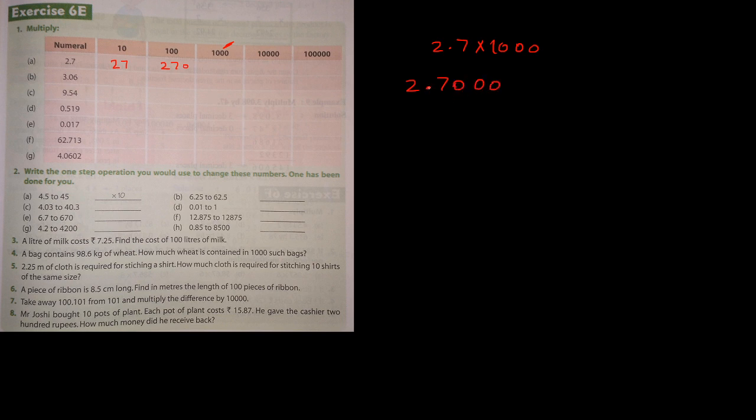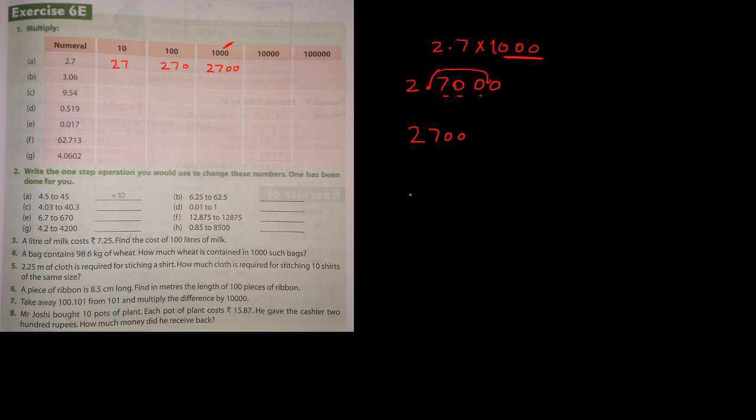Now this decimal will shift three digits, because three zeros are there. So 1, 2, 3, it will come here. So you will write 2700.0. The 0.0 at the end is not written, so your answer will be 2700.